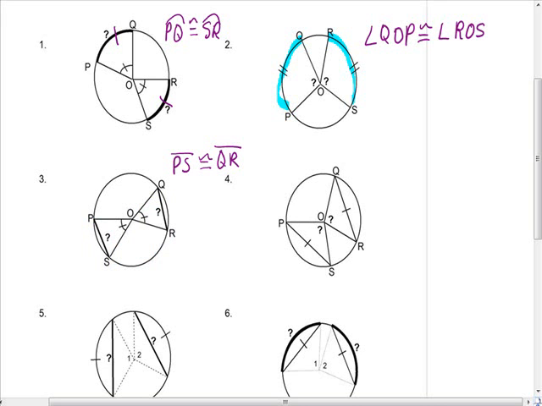So same thing here. If I have that the chords are equal, then we can think backwards. The converse is true, that the angles are equal. Angle POS is congruent to angle QOR.